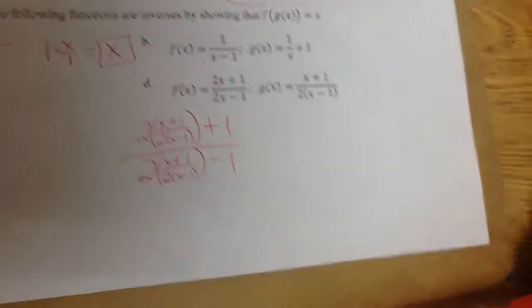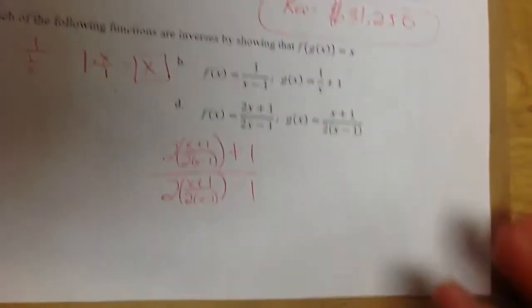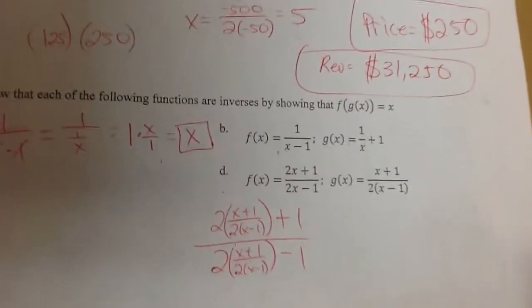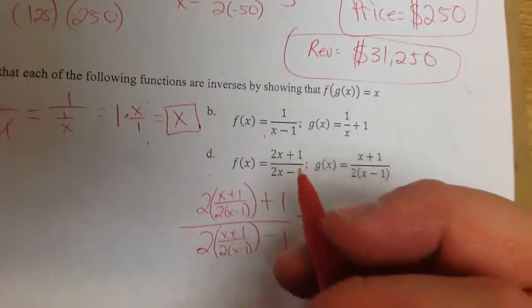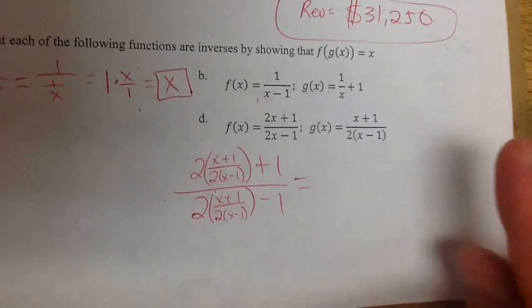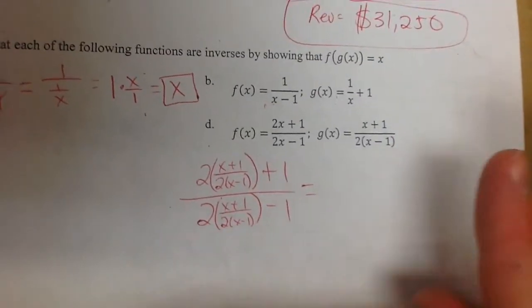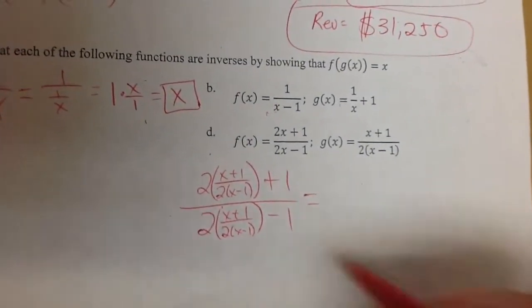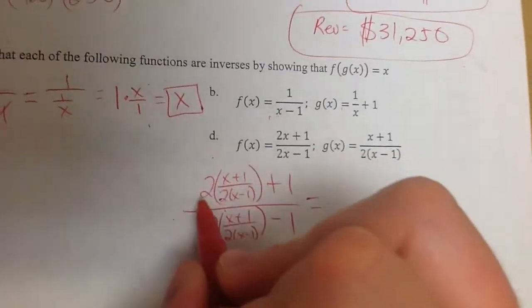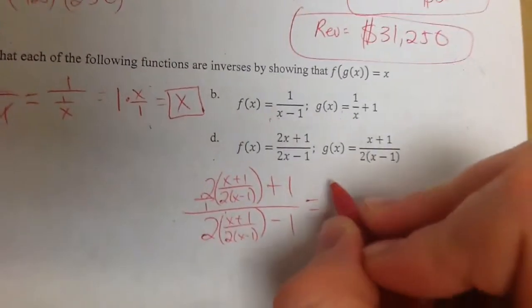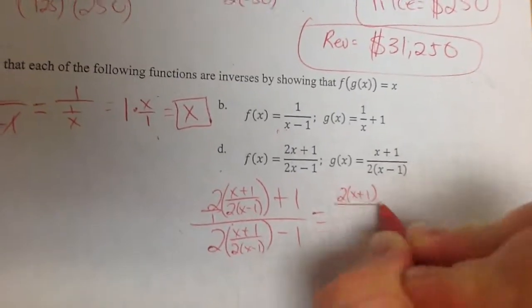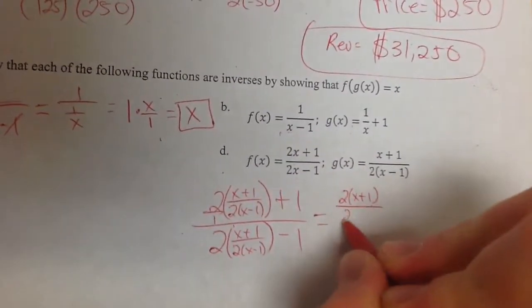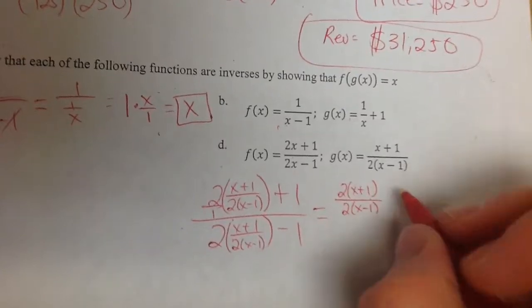So this is where you can't just cross crap out. There, Riley and Galen. You actually got to simplify it. Let's see, what are we going to do here? Well, I know that this is 2 over 1 times this, so really I've got 2 times x plus 1 over 2 times x minus 1 plus 1.